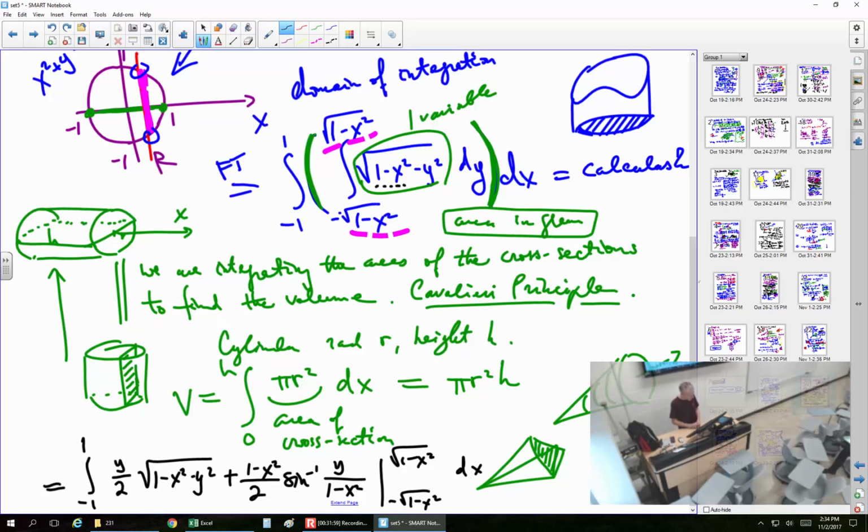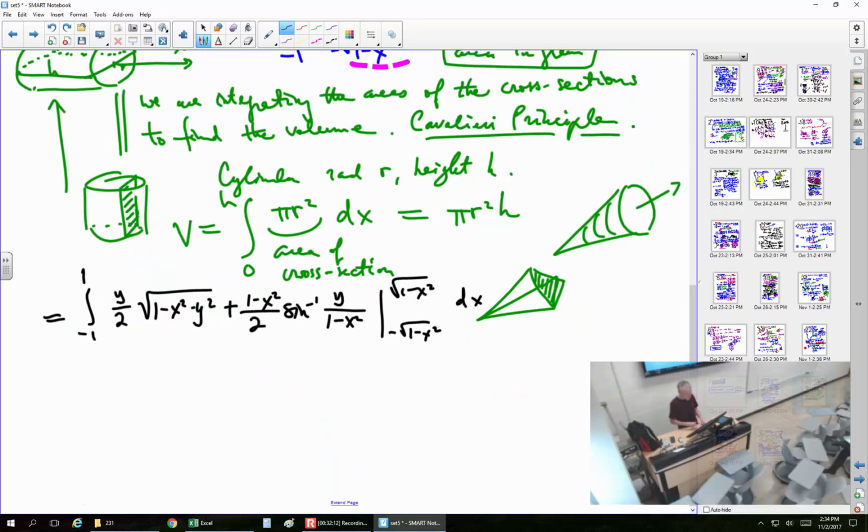I do expect simplification because we already know what the answer is. Once you start plugging things in, let's spend a second and see if things simplify. I just didn't take it all the way through, but you can see y is replaced with those expressions.